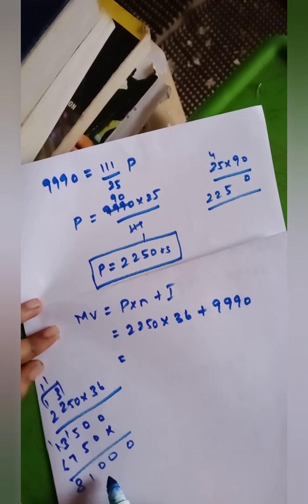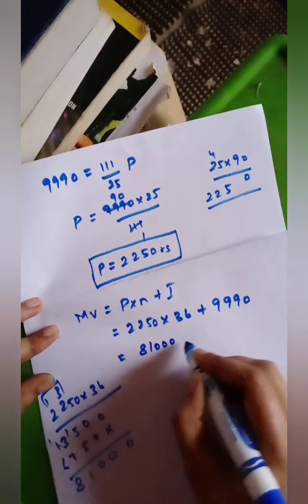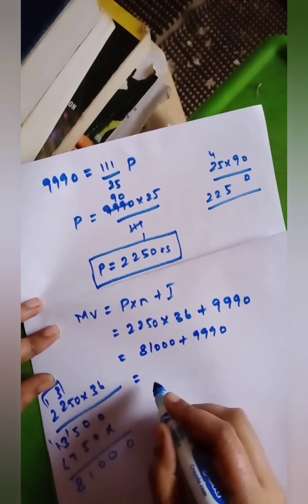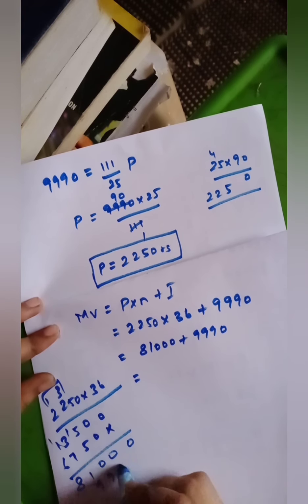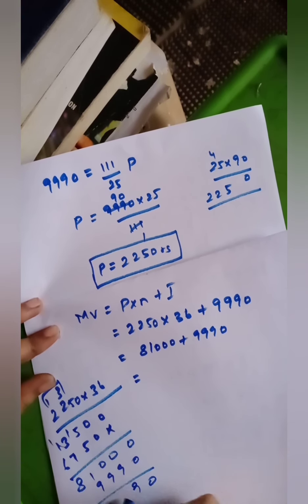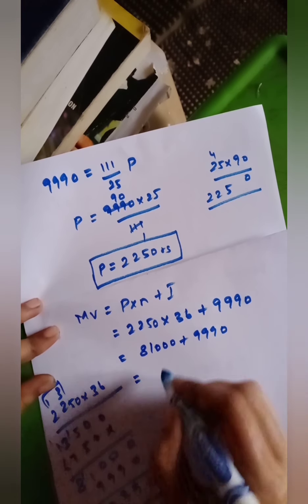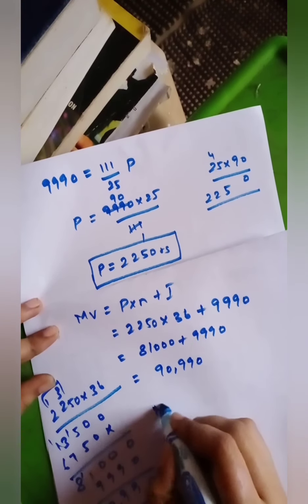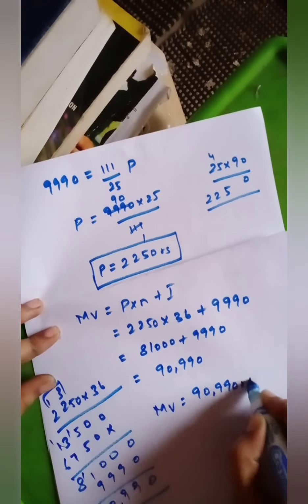That is 81,000, and if we add 81,000 plus 9,990 equal to 90,990. So maturity value will be 90,990 rupees.